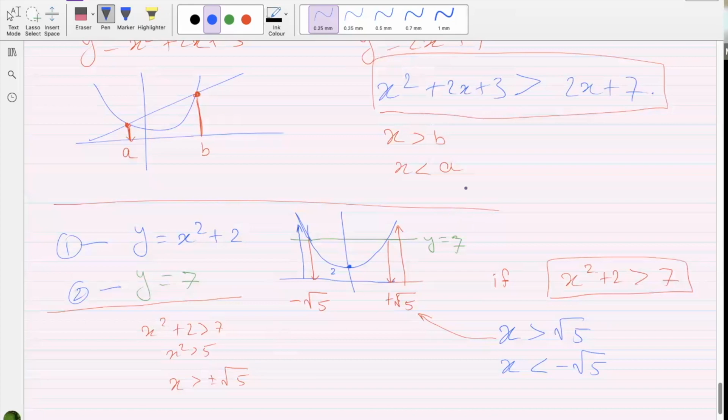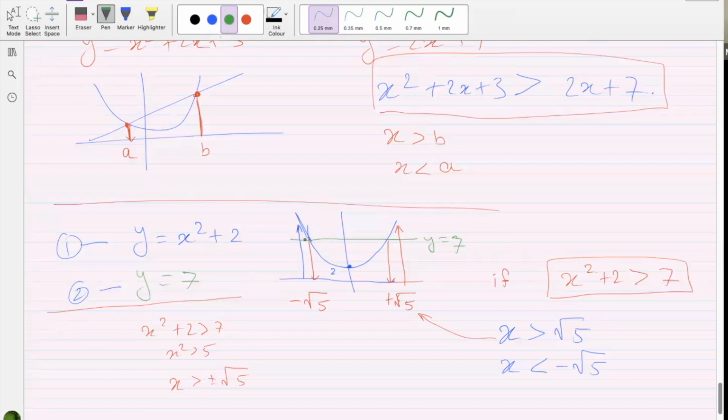On which side? On the left hand side of negative square root 5, is the value of x squared plus 2 more than 7? Wouldn't it be less than negative square root 5?